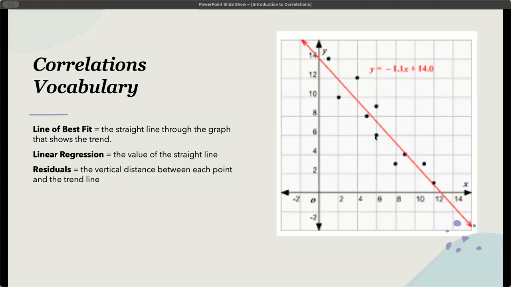So if I were going to go to one of these data points here, the residual is the distance between this data point and the line of best fit. The gradient is the slope, and the intercept is the point where the line crosses the vertical axis. So the intercept here would be close to 14 on the y-axis.